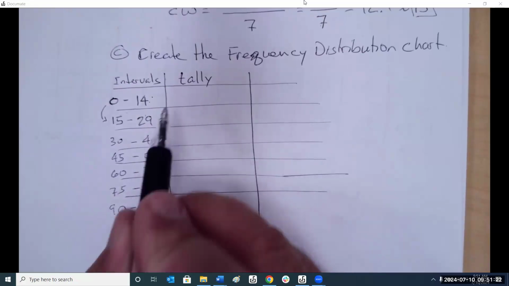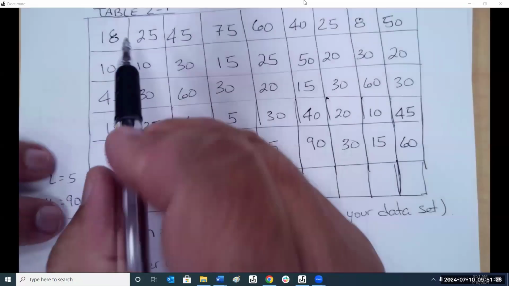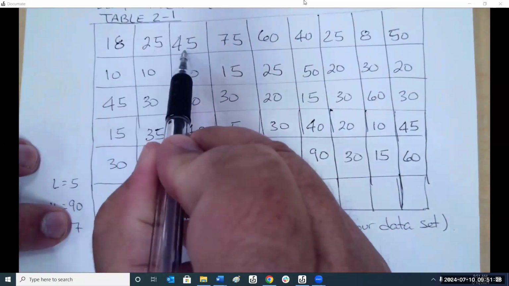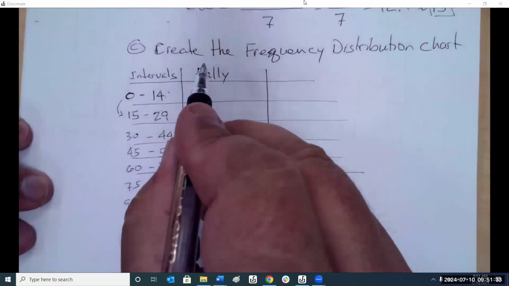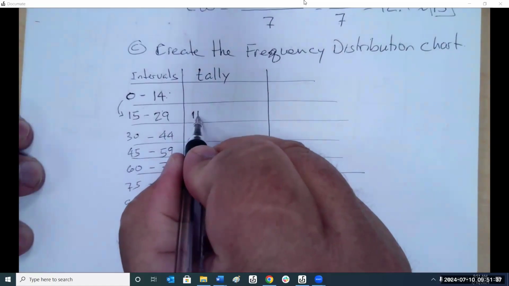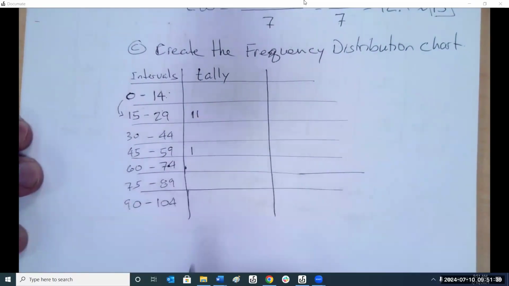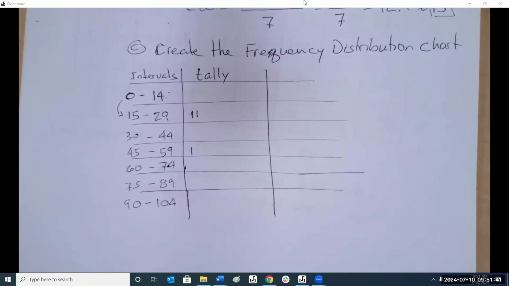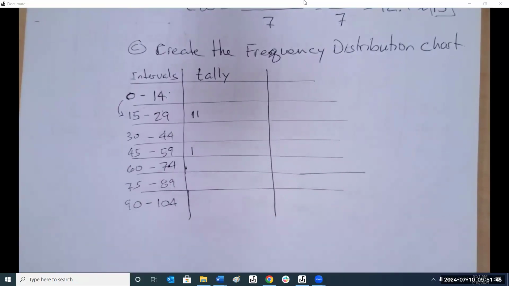So what is a tally? We see in our data set the first three numbers: 18, 25, 45. So 18 is in this one, I put a mark. 25 also there, and 45. You see it? So do that with all 50 of them.